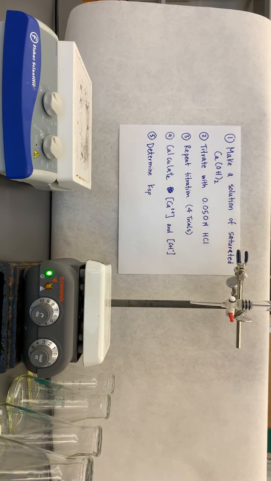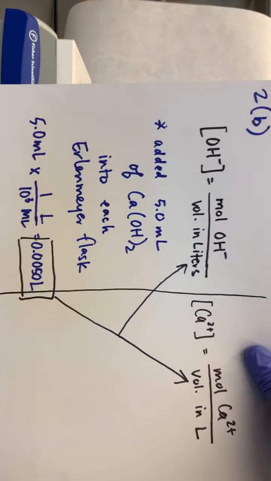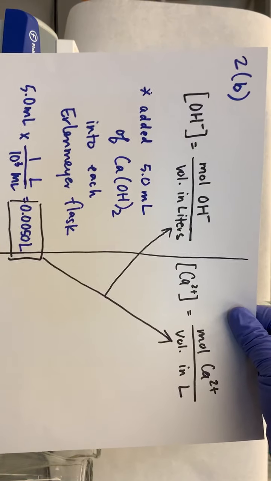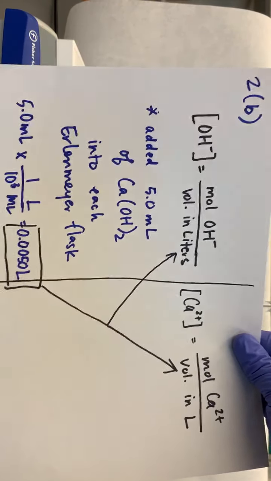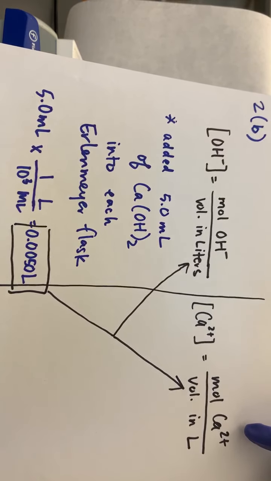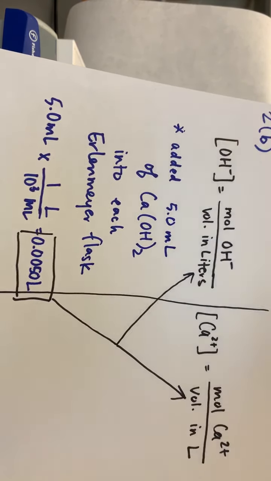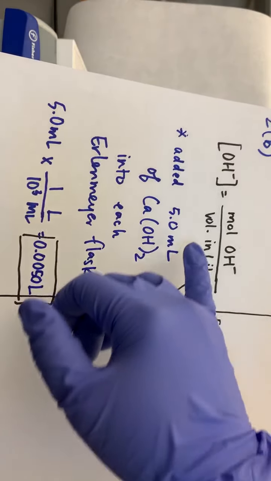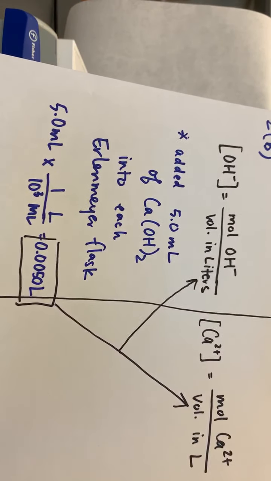So really, the volume is 5 mils. To calculate the molarity of OH minus and calcium 2+, all you need to do is take the moles of OH minus and the moles of calcium, which you got from 2A, the previous problem, and divide by the volume, and remember the volume needs to be in liters.